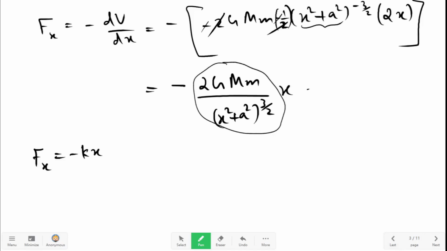Now we are told that this is small oscillations. In the case of small oscillations, x is very less than a.